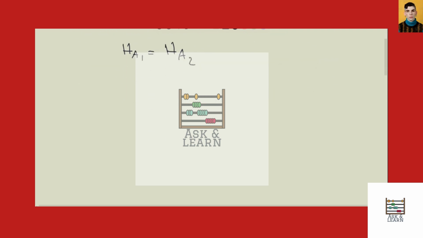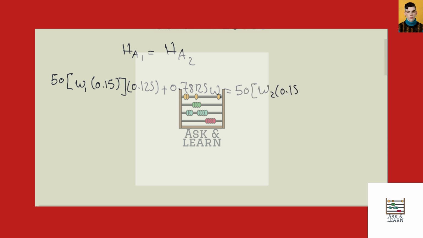If we substitute the values, we have 50 multiply omega 1 multiply 0.15 times 0.125 plus 0.78125 omega 1 equals 50 multiply omega 2 times 0.15 multiply 0.15 plus 0.78125 omega 2.